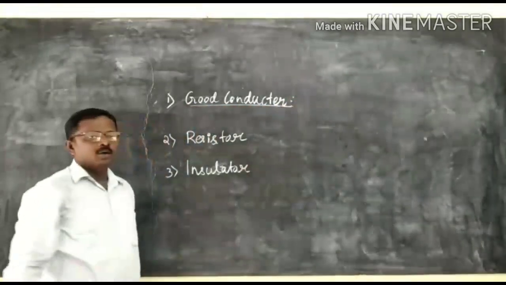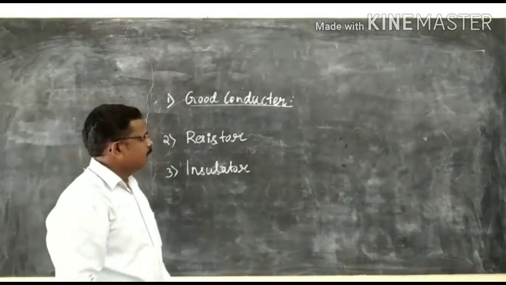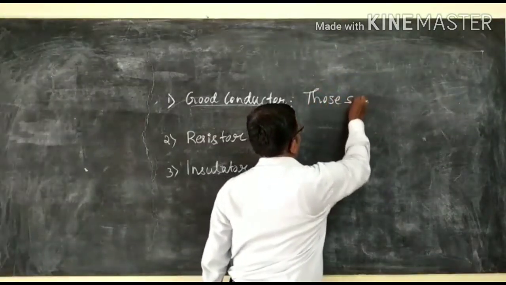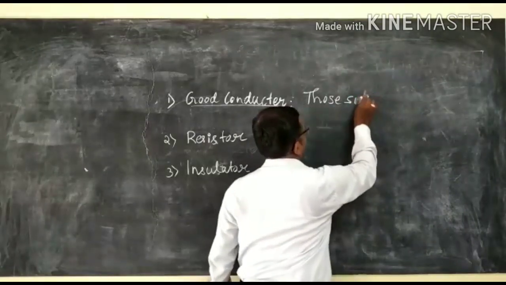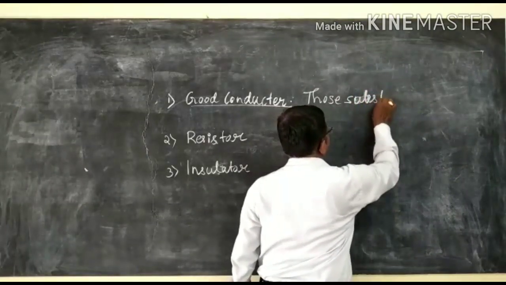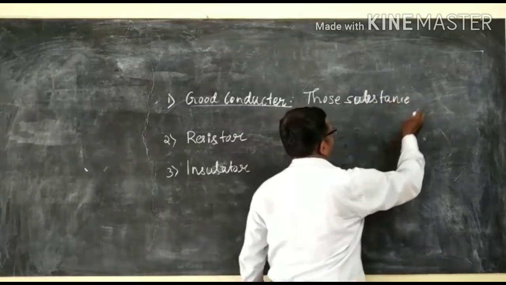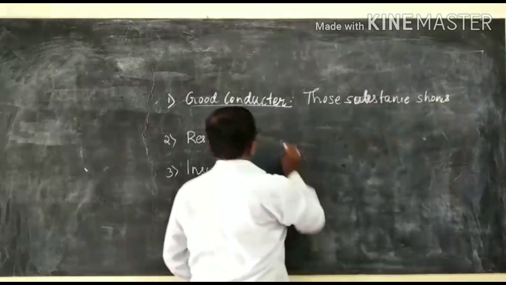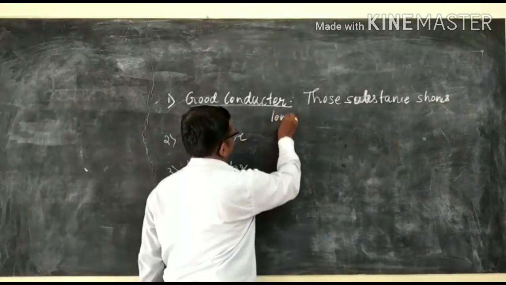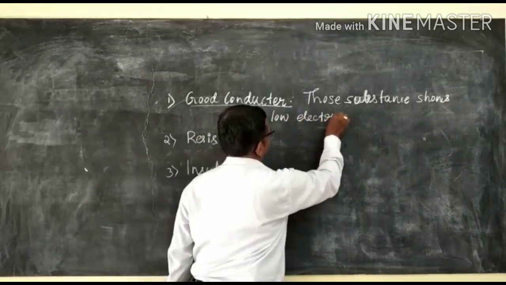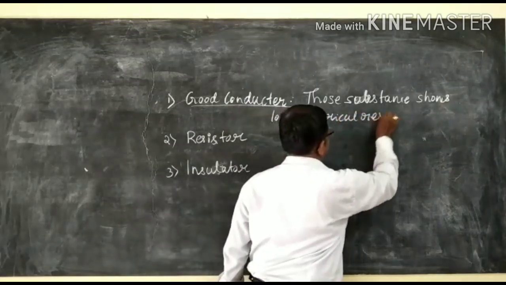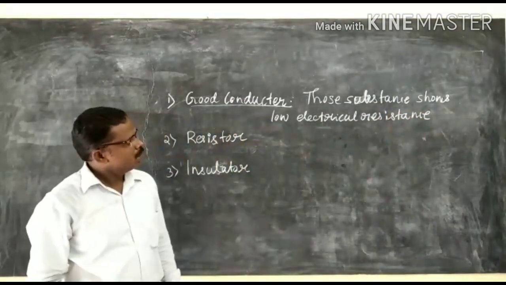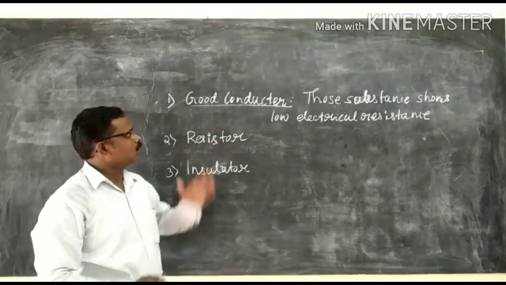We already know what a good conductor is. Those substances which show low electrical resistance are called good conductors.